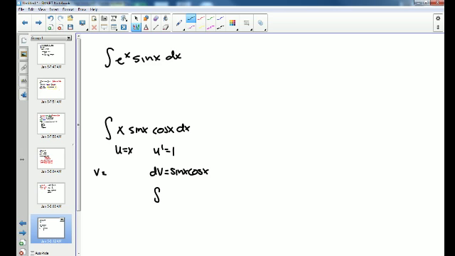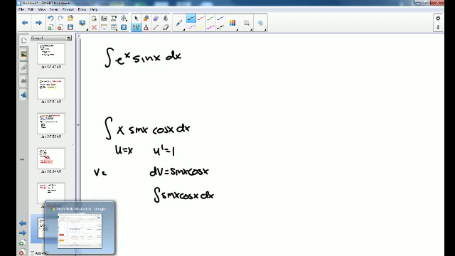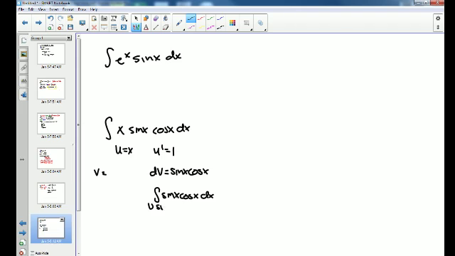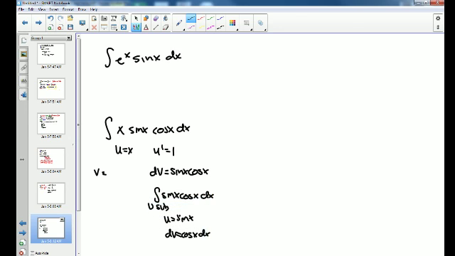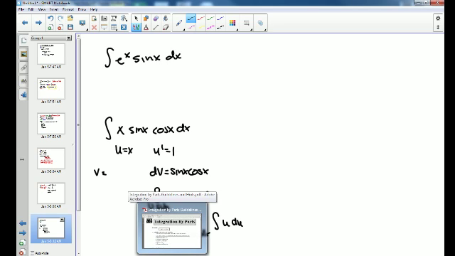Here is the integral of sine x cosine x, right? So choose as a u substitution, u equal to sine x. What du is cosine x. So what you really have is the integral of u du, which is u squared over 2, right?